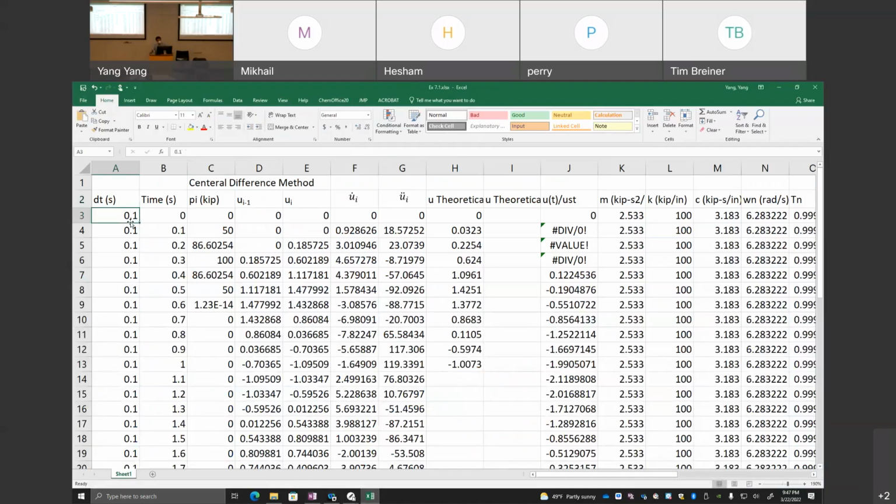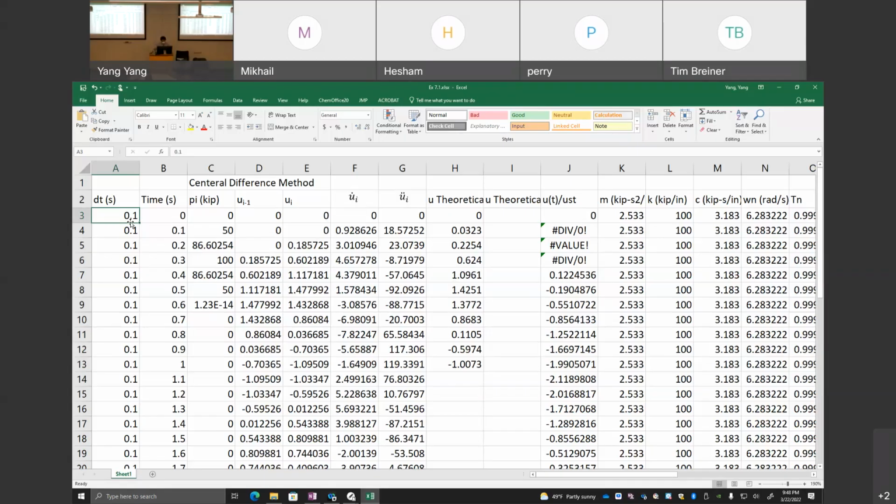But how about using a very small delta t, for example, 0.001 seconds? Will your calculation be unstable? No. If your delta t is very small, your calculation will still be very stable.